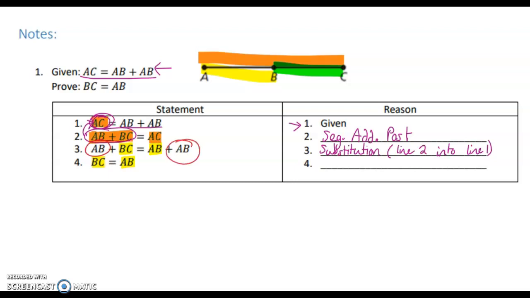They just took them out, but they can't just take them out. So you have to figure out how you would remove AB from both sides. Well, you could subtract AB, and as long as you do it from both sides, it will cancel out and it's completely okay. So you subtracted the same thing from both sides. That's the subtraction property of equality.